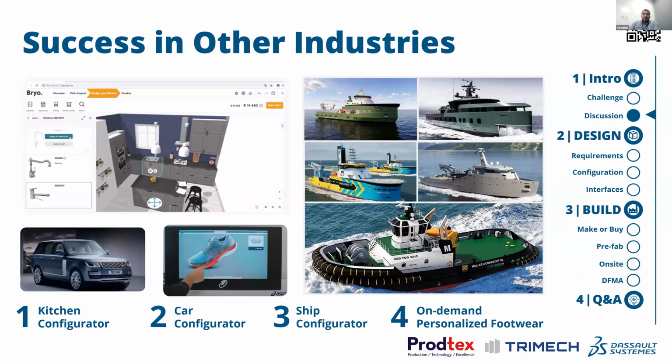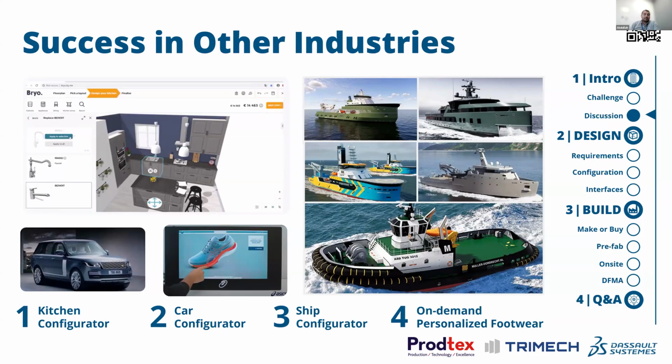An example many of us on the webinar today would have interacted with are kitchen configurators. Everyone gets to pick and choose, customize themselves a kitchen. Yet you can go to your favorite flatpack store and pick from the warehouse shelves a kit to assemble at home, a customized kitchen for yourself.